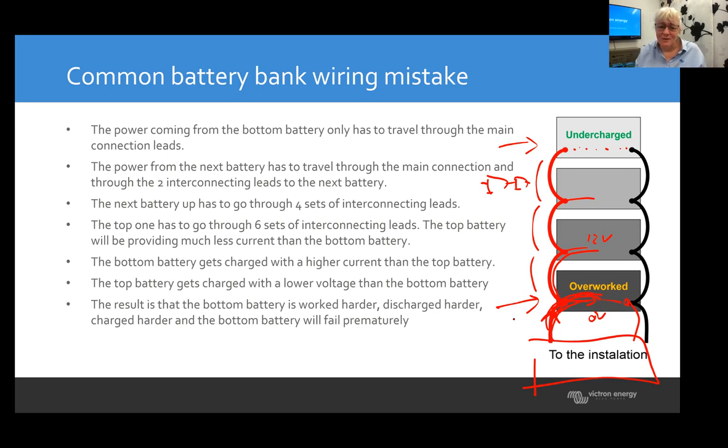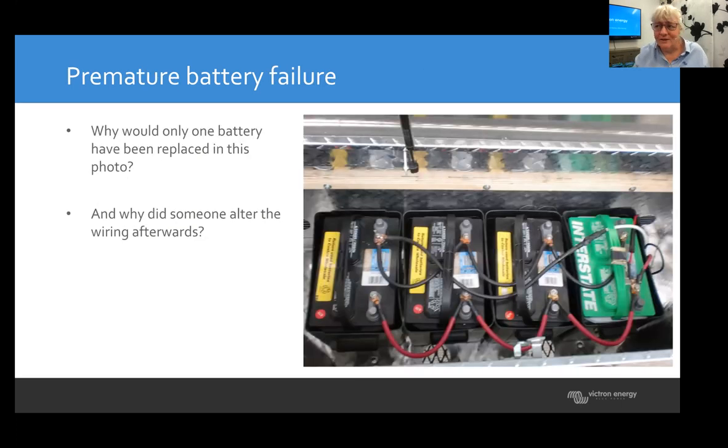And these motorhomes, do-it-yourself people make these mistakes all the time. So watch out for that. And then the inverter gets the blame, which is always really good. So this, again, my favorite place, the internet, Google picture search. This was a mobile system. They've replaced 1 battery, and then they messed around with the wiring as well.